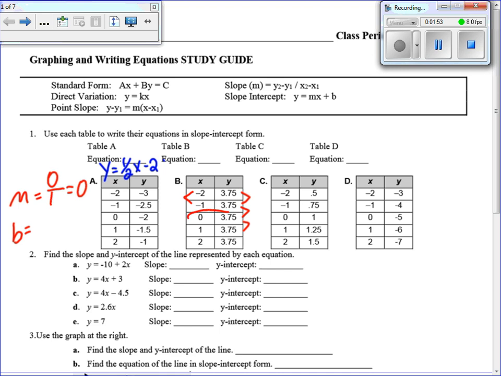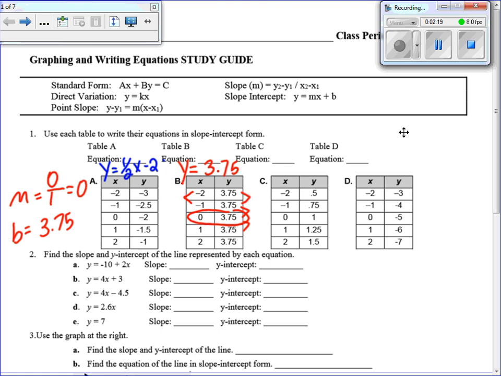Our y-intercept here is at (0, 3.75), so just 3.75. When we write the equation, it would be y equals 0x plus 3.75, which means the 0 and the x just go away. So our equation for this one is just y equals 3.75. This would be our horizontal line.